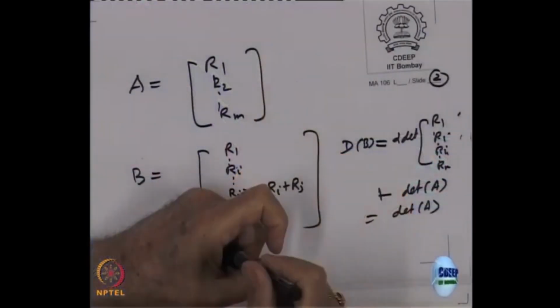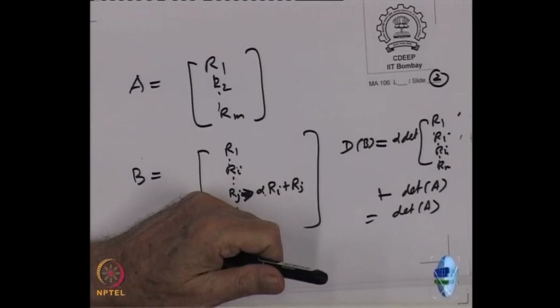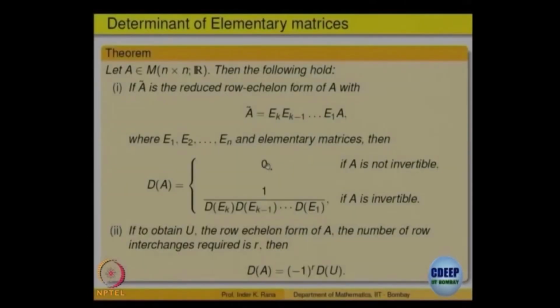If that is the case, what is the determinant? That is 0. So, we get 0, right. So, two possibilities arise. If A is not invertible, then it is 0, and if it is invertible, this is 1, so it is 1 over this product. Clear? That is just from the form of the reduced row echelon form. It is a product of elementary matrices into A.